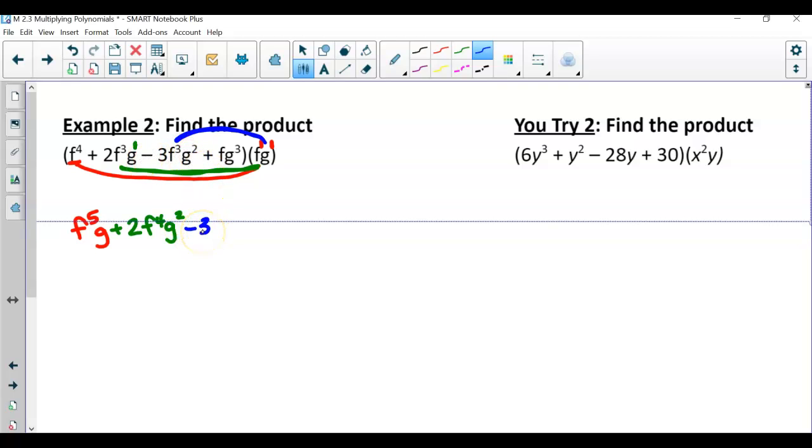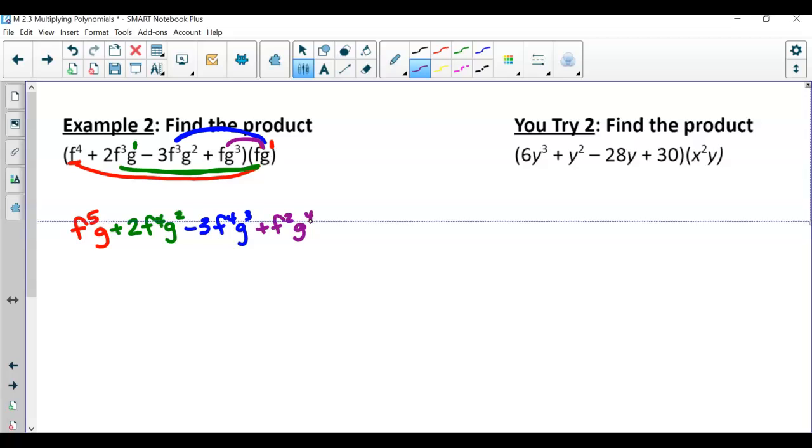Negative 3 still, f to the third times f to the fourth, 3 plus 1. Then g squared times g cubed. Add the exponents. Then our last here, I've got fg times fg cubed. Well, f times f is f squared. G to the third times g to the fourth power.